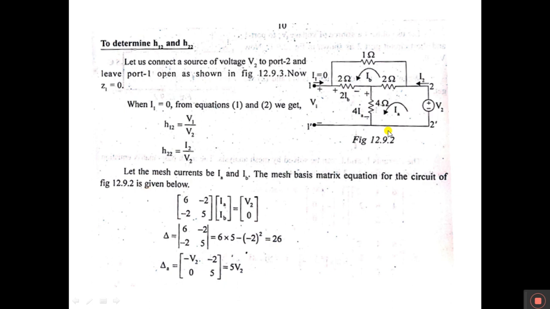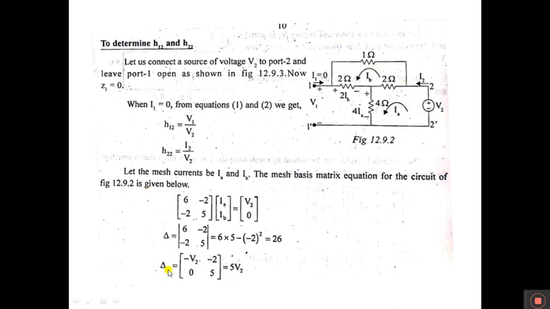Now from the matrix here, for first loop IA, second loop IB, the resistors if you add are 6, and this if you add is 2 plus 2 plus 1, 5, and the common value is minus 2. So IA, IB, and V2, 0, because the voltage source is applied in the second loop only, first loop 0.